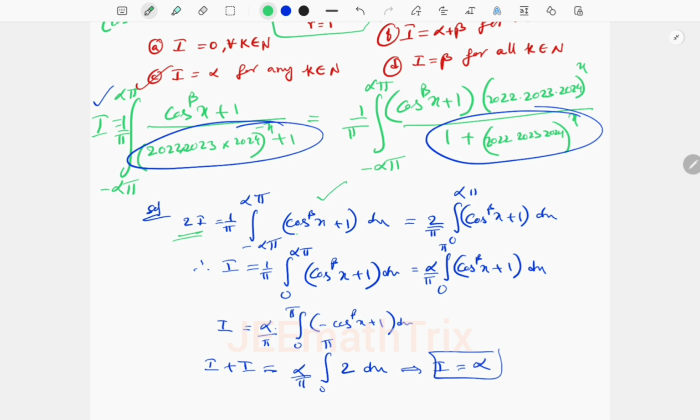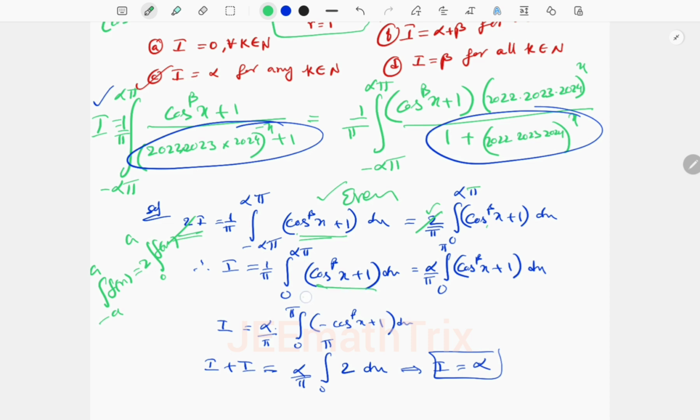Now if you observe, it is an even function. When it is an even function, we have the property that the integral from minus a to a of f of x dx can be written as 2 times the integral from 0 to a of f of x. So it is 2 times the integral from 0 to alpha pi of cos power beta x plus 1 dx. Now this 2 gets cancelled. So I equals 1 by pi times the integral from 0 to alpha pi of this one.